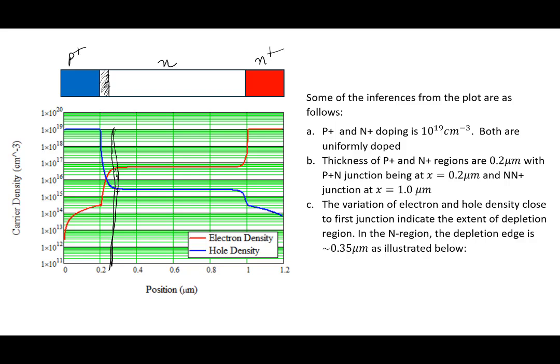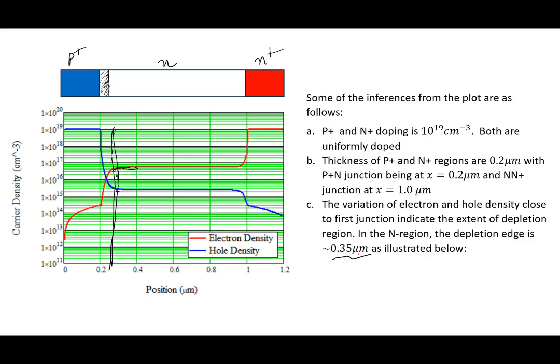We see that electron density after that becomes constant. You enter a neutral region, hole density also becomes constant. Electron density becomes constant, hole density becomes constant here, right? I did not spend too much time zooming into the data and looking exactly where it is.